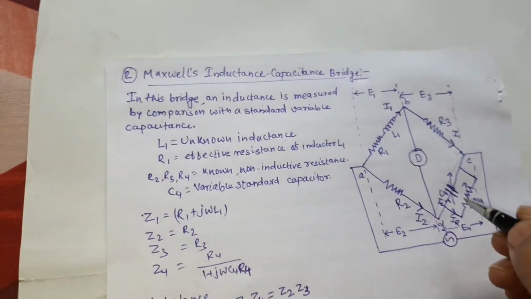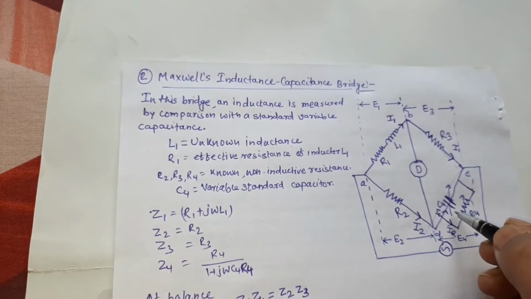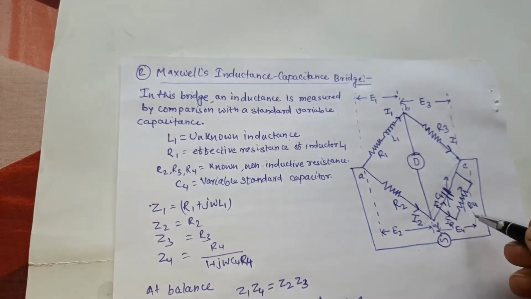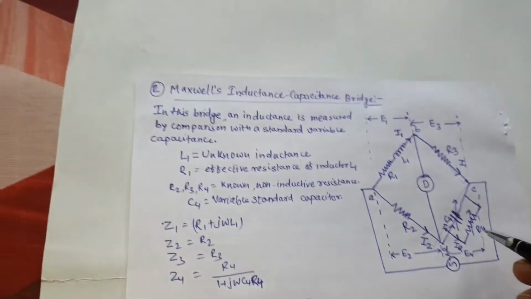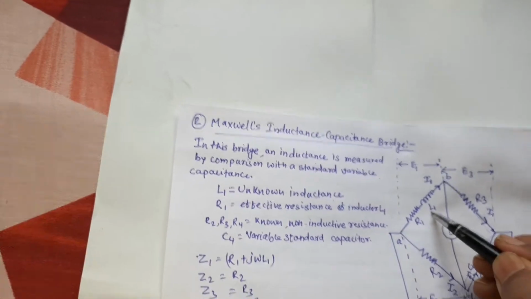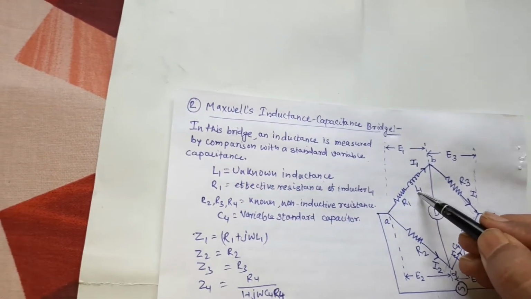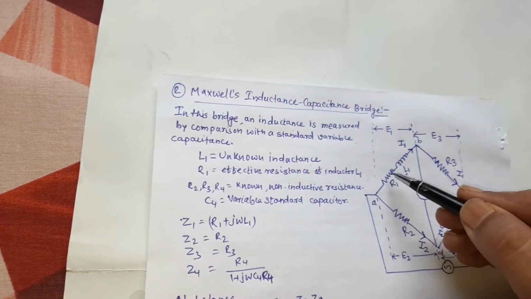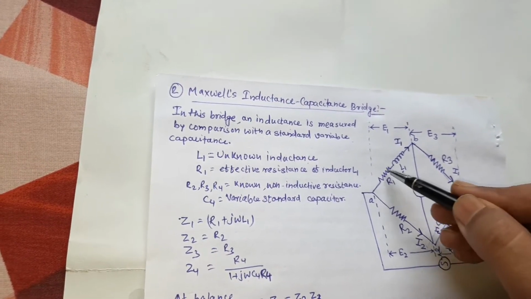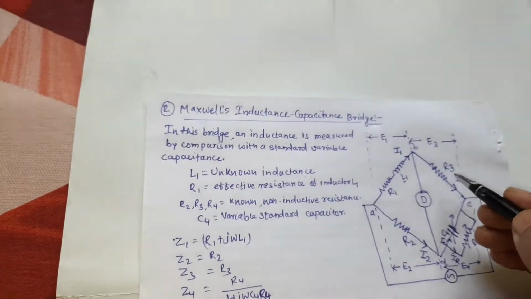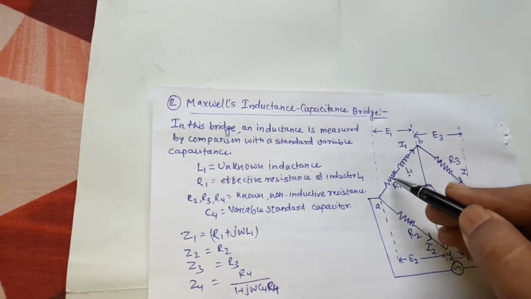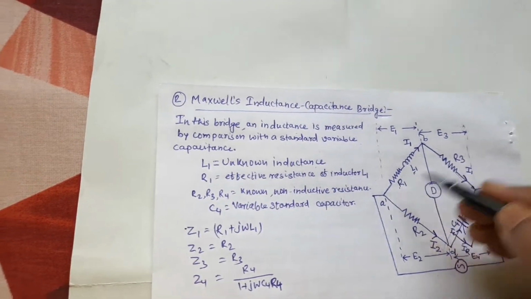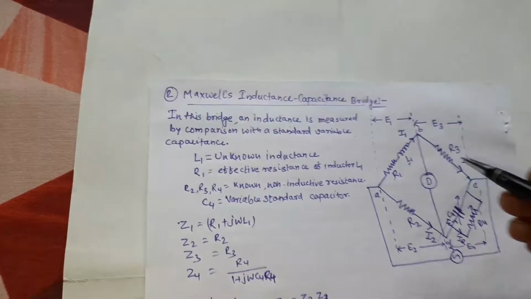So this is the circuit diagram or bridge configuration of Maxwell's inductance capacitance bridge. Suppose L1 is the unknown inductance that you have to measure, and R1 is the internal resistance of the inductor. So we have to find out L1 and R1 using this bridge.